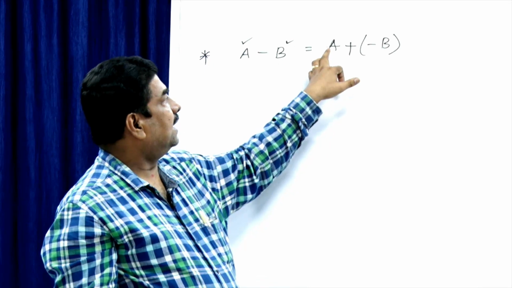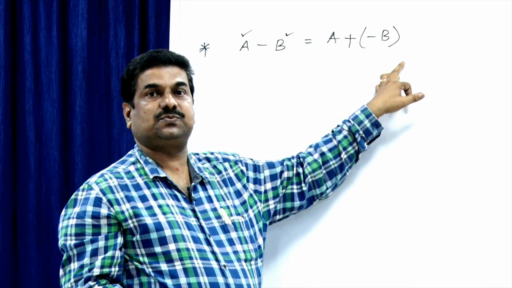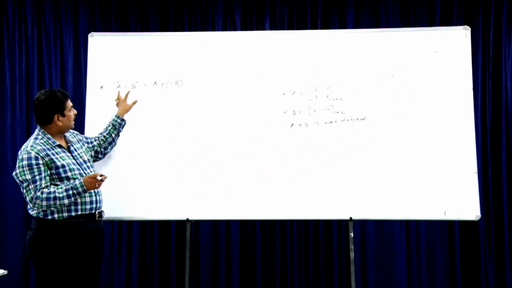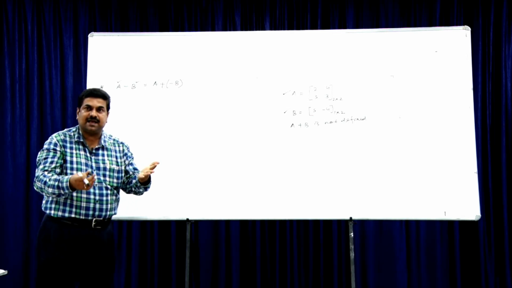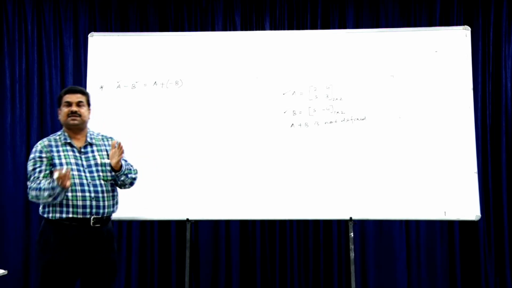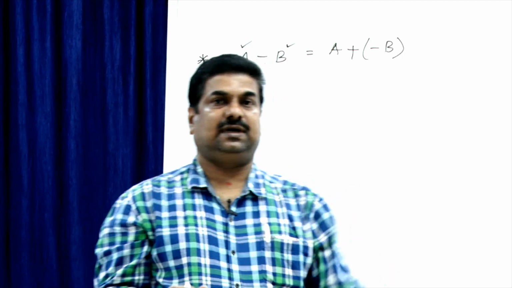That is, A minus B is defined as the sum of the matrix A and minus B.